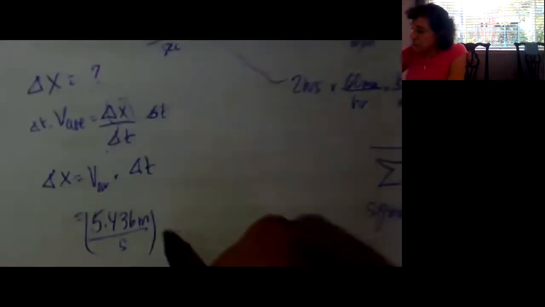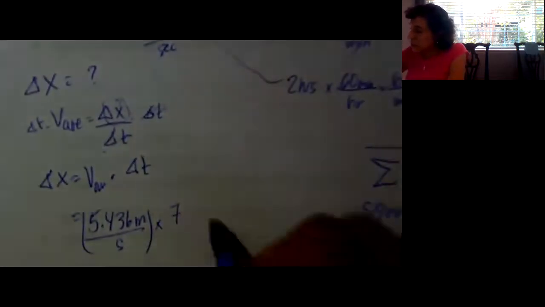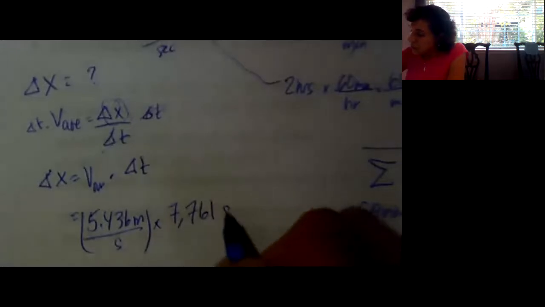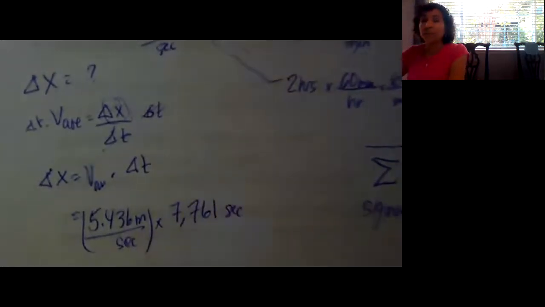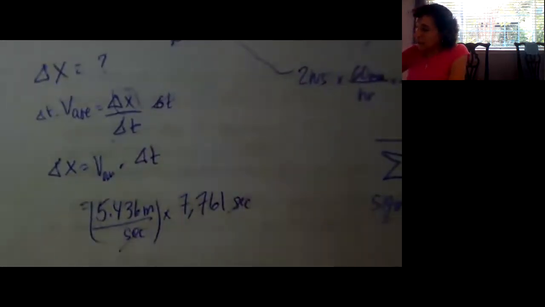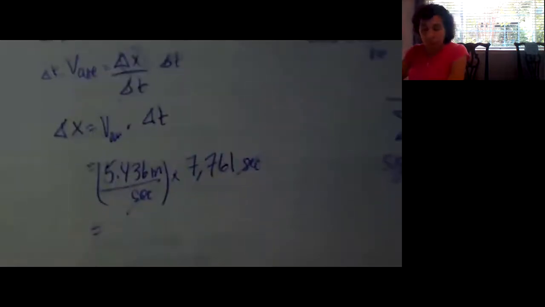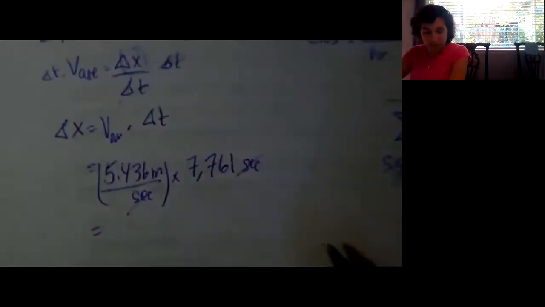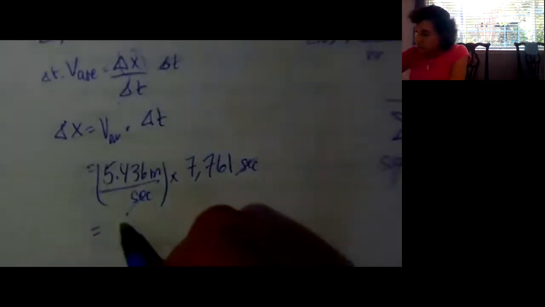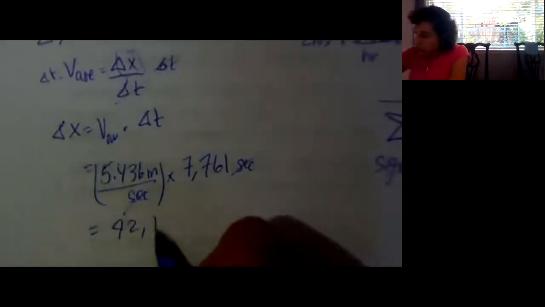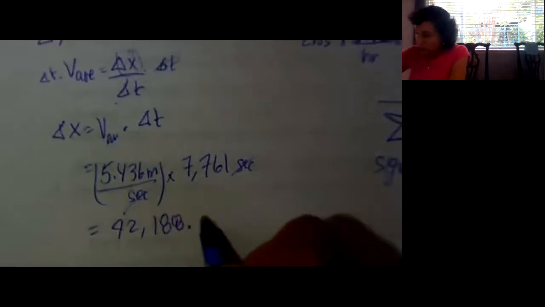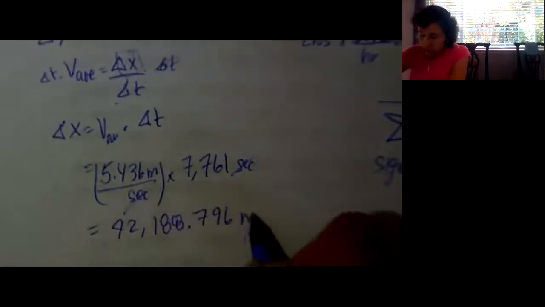All right, so that's what I need to put over here. So over here, I'm going to multiply it by 7,761 seconds. Put seconds there. All right, now I got things to cancel out, and I can multiply that up. And what do I get? I multiply those out, and I get 42,188.796 meters.